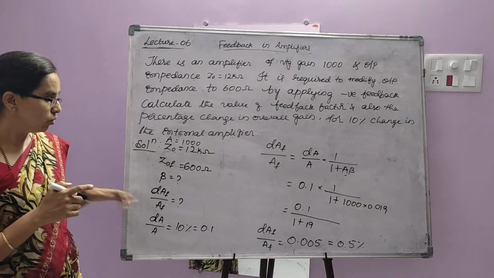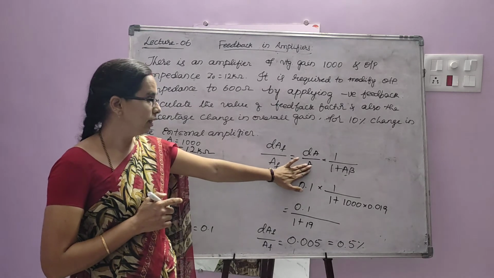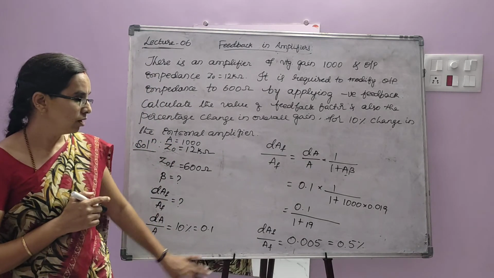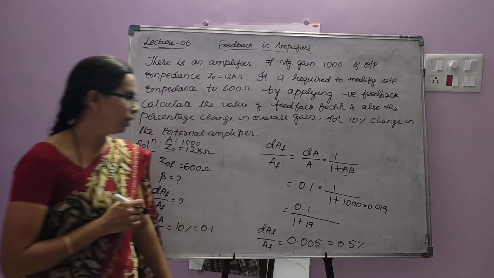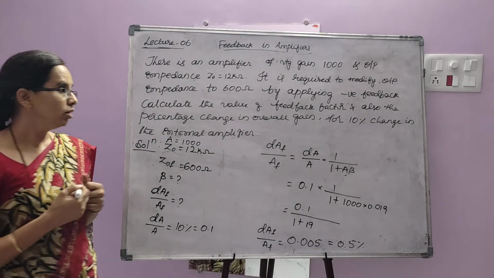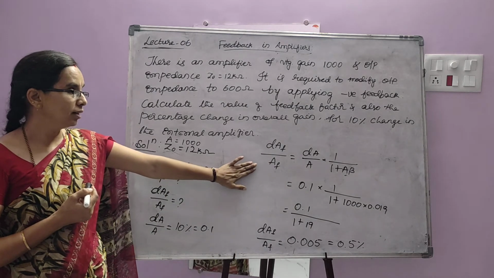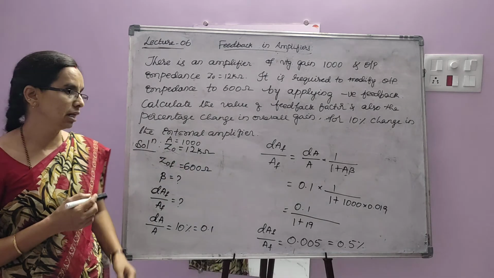So the change in dA by A is 0.1, and it is 0.5% with feedback. Okay, so by this we can tell with feedback the gain is more stable.